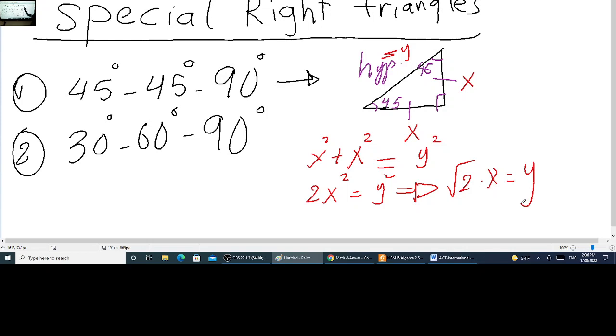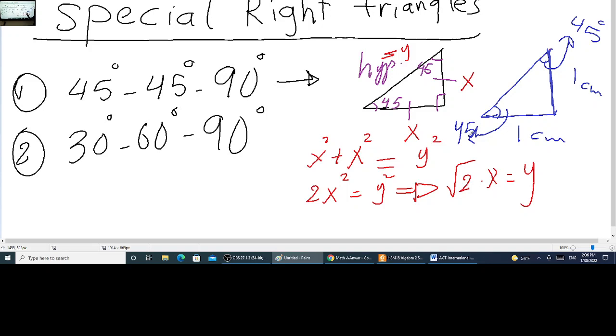So if this equals 1 and this equals 1 centimeter, and this angle is 45 and this angle is 45, and this is a right triangle, then this side equals 1 centimeter and this side equals 1 centimeter, so this side equals the square root of 2 centimeters.